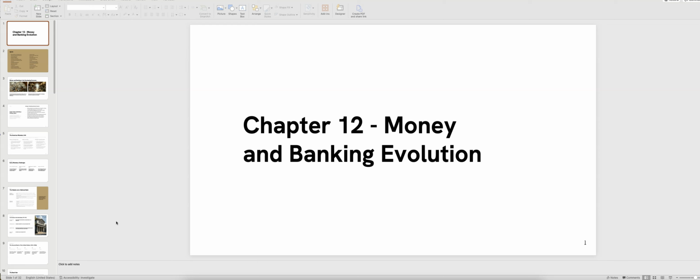And the final kind of element of this building story requires us to talk about the monetary system. That's where we're at. Okay, so let's start talking about it.